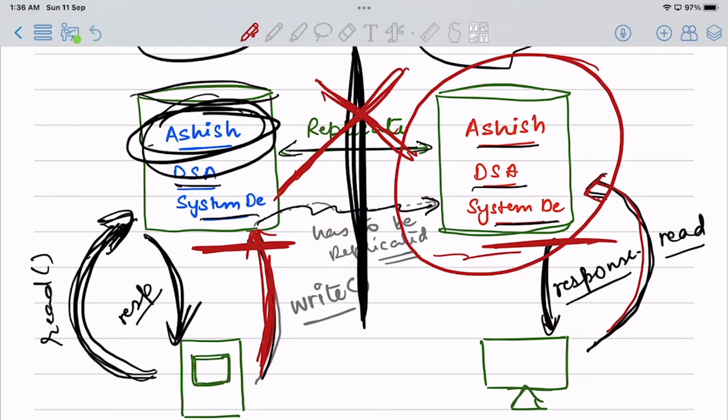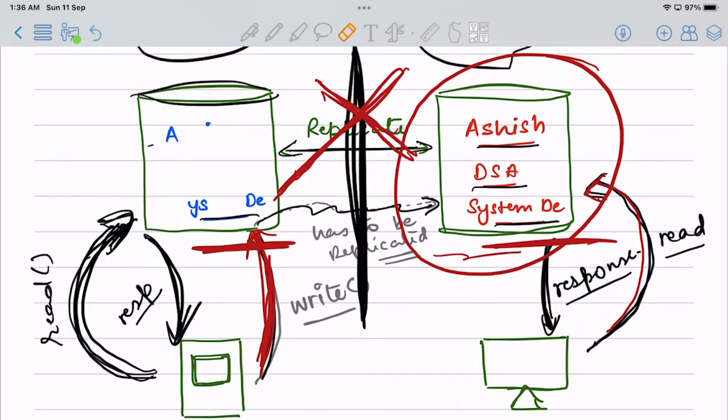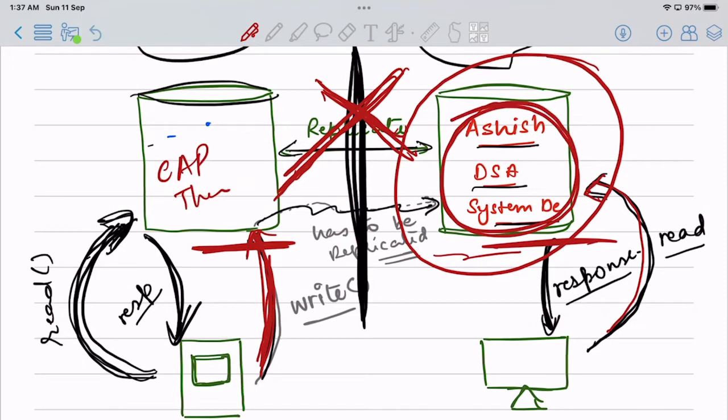I hope you're getting it. I'm trying to simplify it. So let's suppose here you wrote something, like CAP theorem, and there is a network failure. Obviously here it will not be written, right? And if somebody wants to access that, they will not get this CAP theorem.